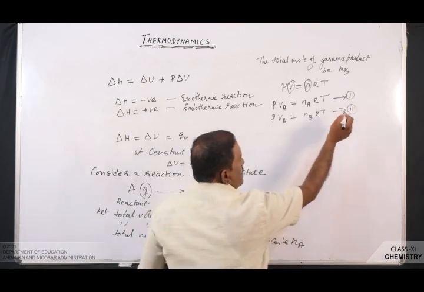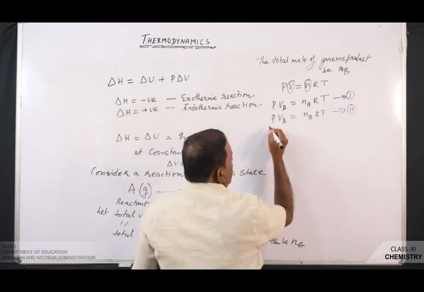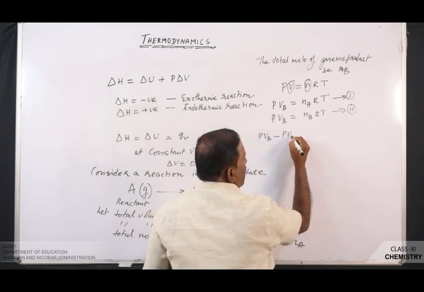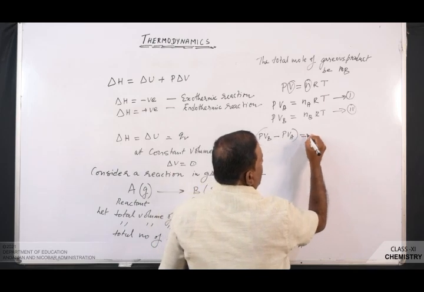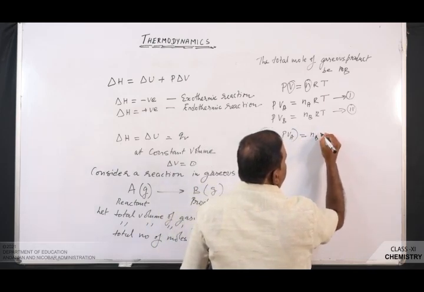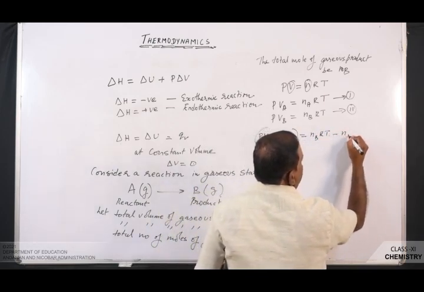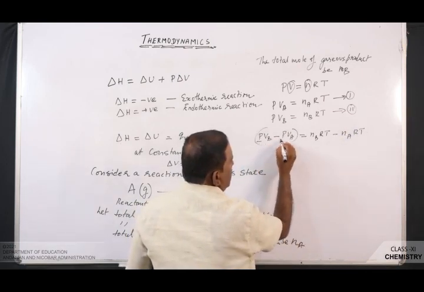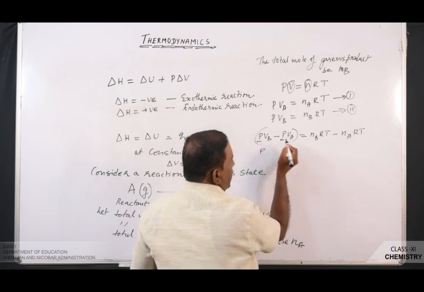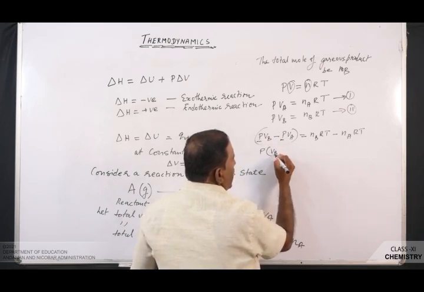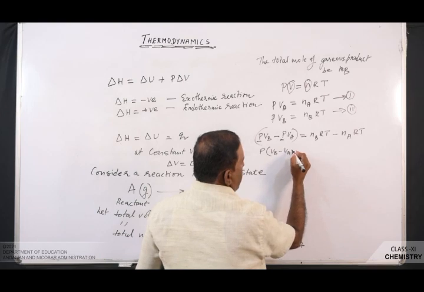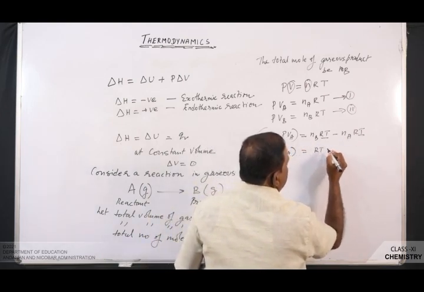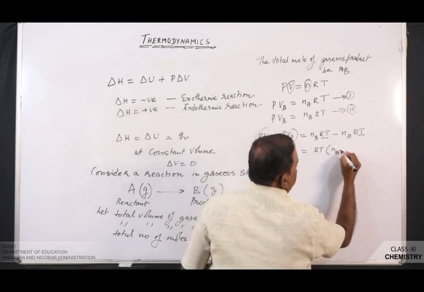Now subtracting 1 from 2, we get P VB minus P VA is equal to NB RT minus NA RT. Now P is common on one side, that is VB minus VA, and similarly RT is common on the other, so NB minus NA.